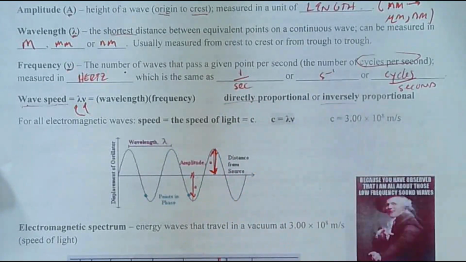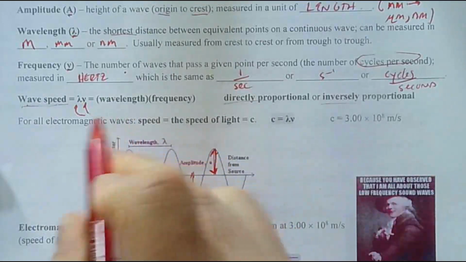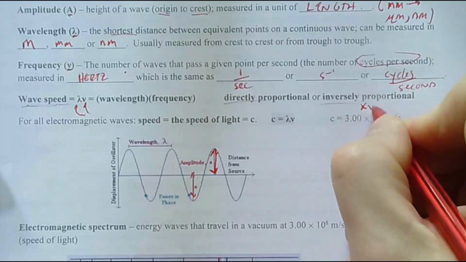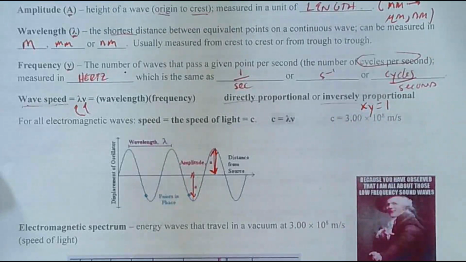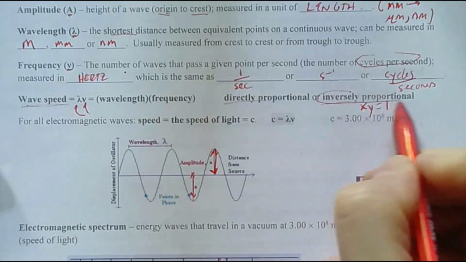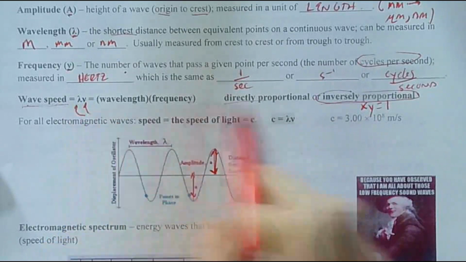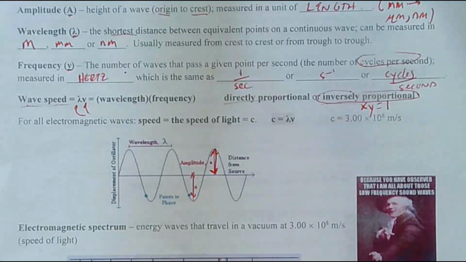In algebra class, you'd see something like x times y equals 1. And what that means is that these two variables, in this case wavelength and frequency, are inversely proportional, which means as one goes up, the other one has to go down.